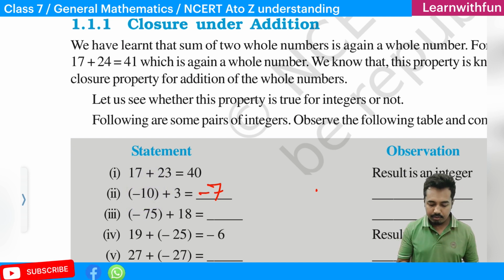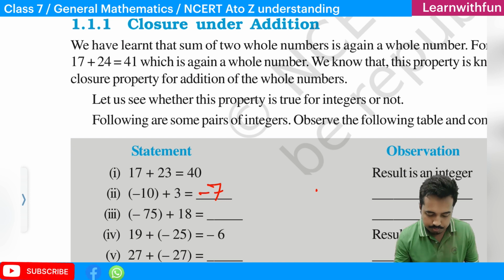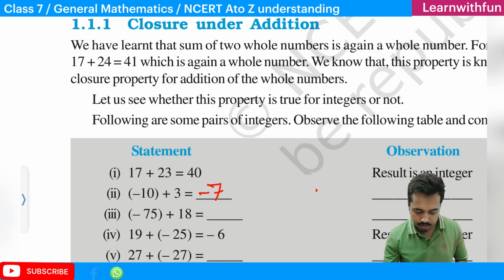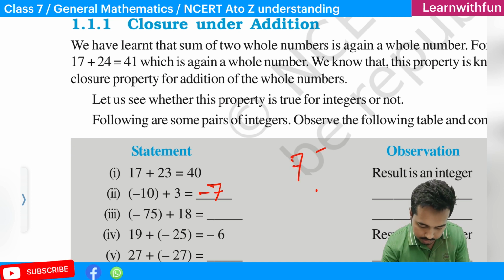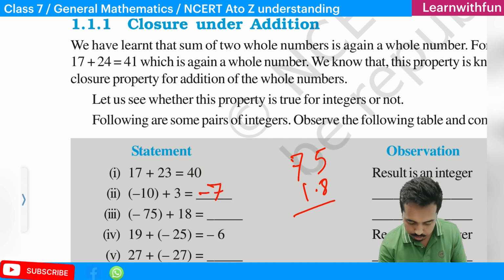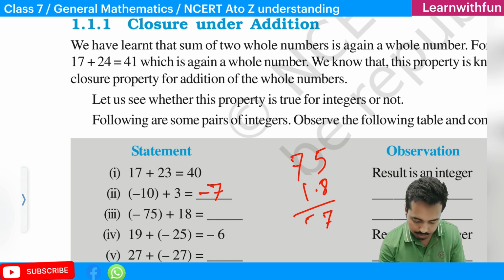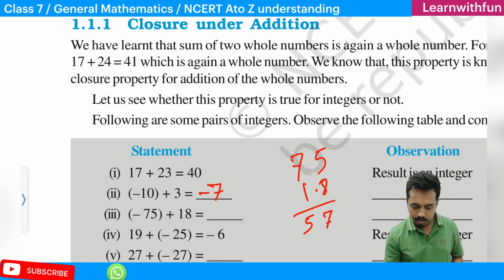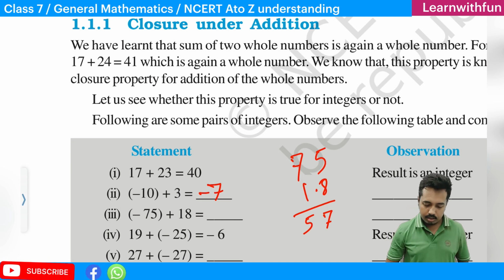In case of minus 75 and 18, there is a negative sign before 75 and positive sign before 18, so you'll have to subtract 18 from 75. Then you will get 15 minus 8, that will be 7, and 6 minus 1, that will be 5, so 57.